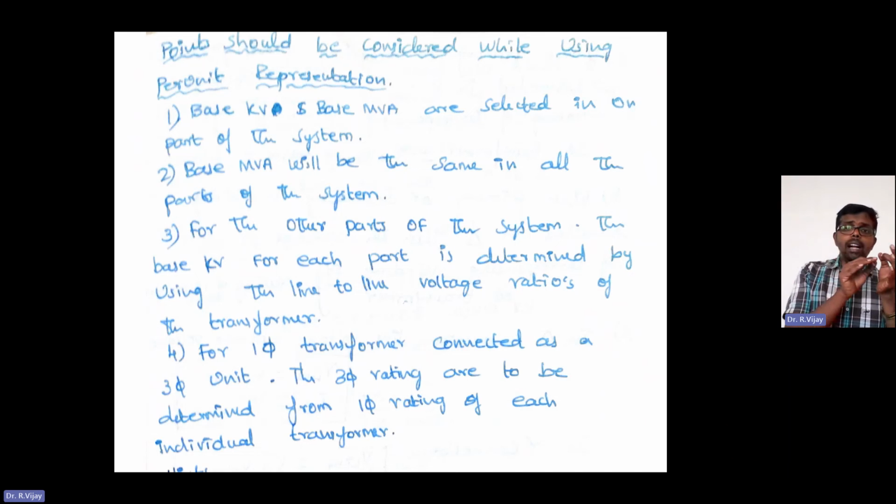Next, for other parts of the system, the base KVA for each part is determined by using the line-to-line voltage ratios of the transformer. So this point also you need to remember.